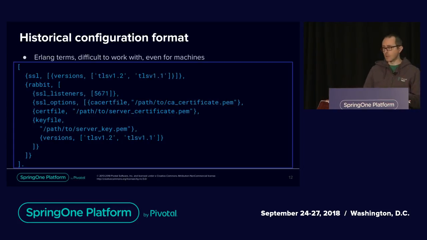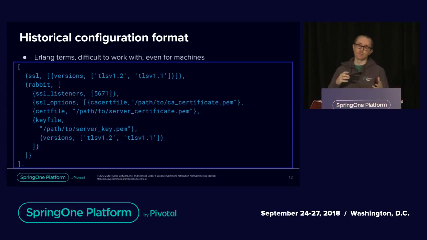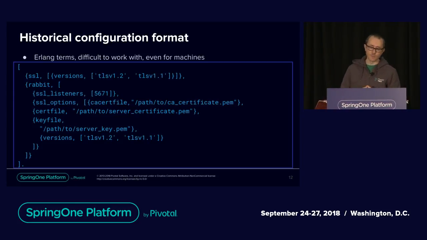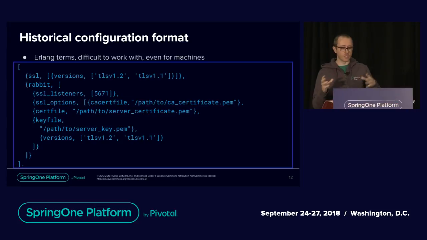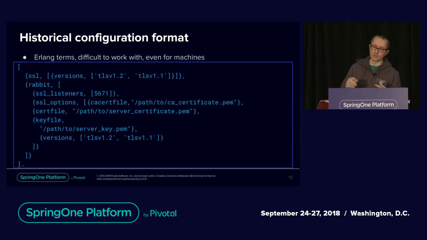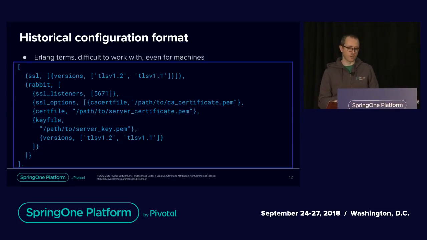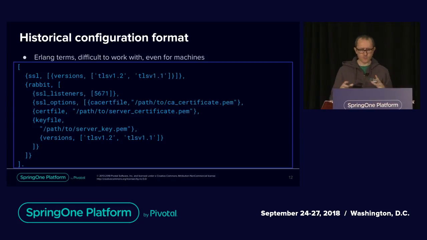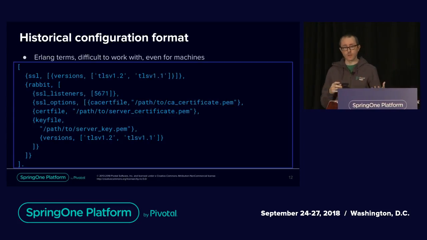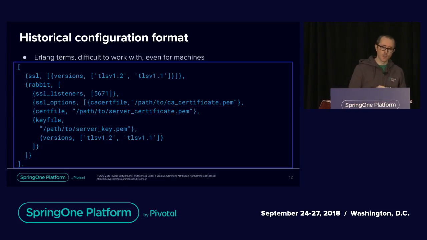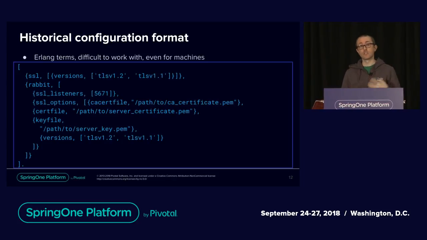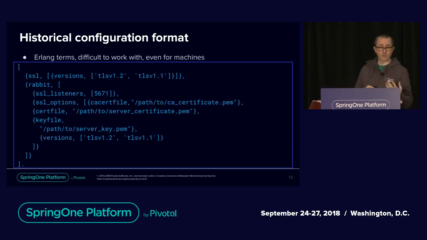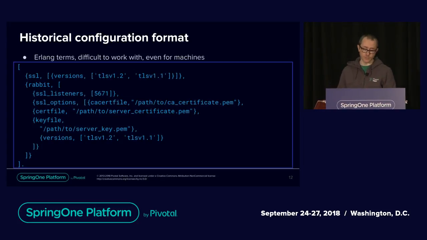So there are lots of brackets, curly braces, strange strings coated with weird characters. It's not very easy to work with, even if you are familiar with Erlang. But it's also very difficult to generate if you want to automate anything in your installation.